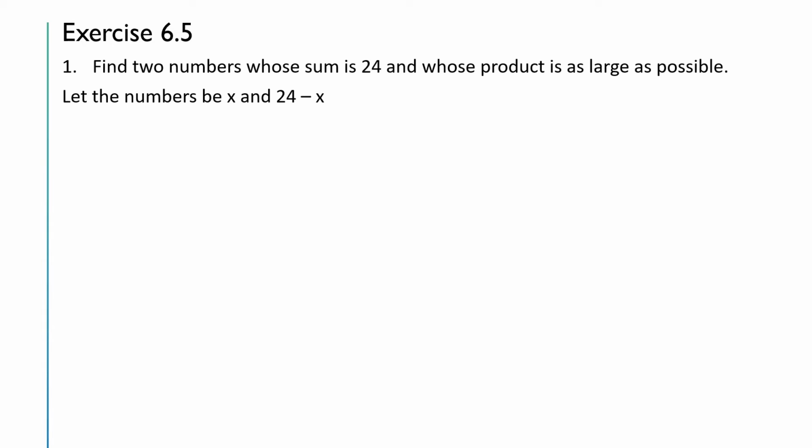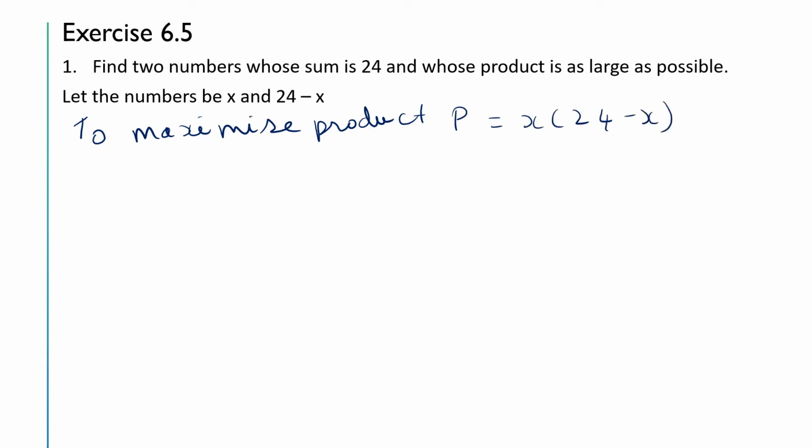So we have to find the numbers whose product is as large as possible. The next step is to write the product to maximize. I am taking the product as P equal to x into 24 minus x, or this is equal to 24x minus x square.